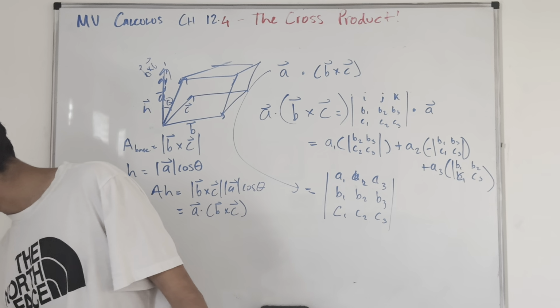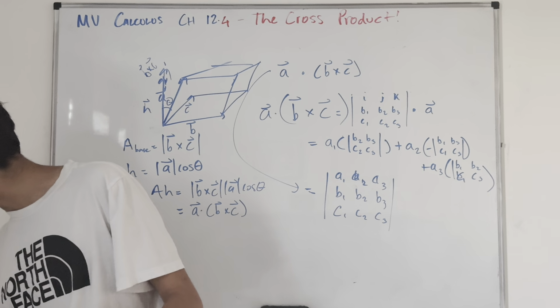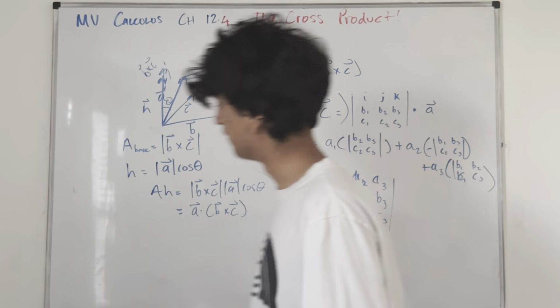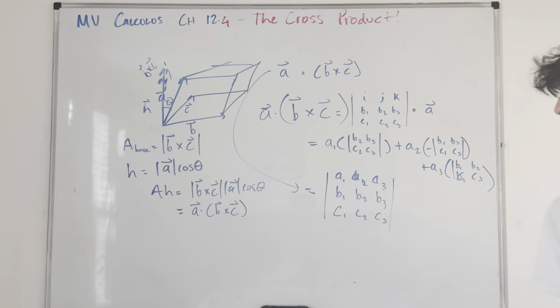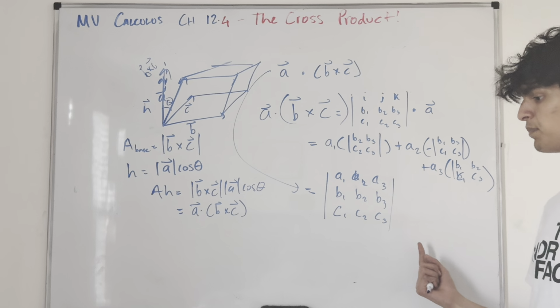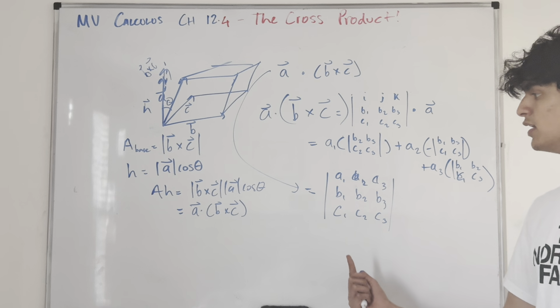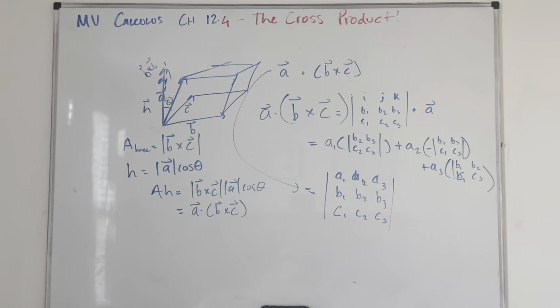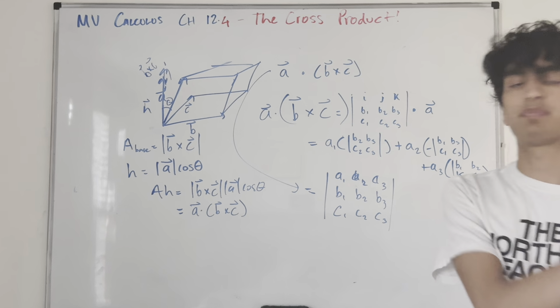Now, that's actually how you can determine if three vectors are coplanar, right? Because if you end up taking this whole determinant, I'll do an example. I don't want to drag this video. 30 minutes is kind of pushing it. I'll make an example probably after this video.